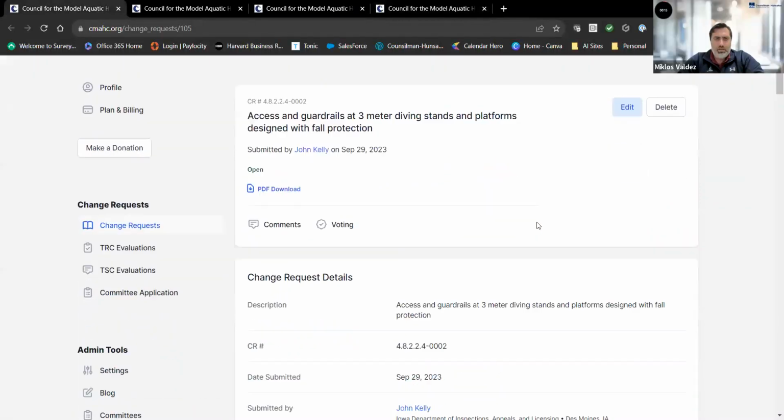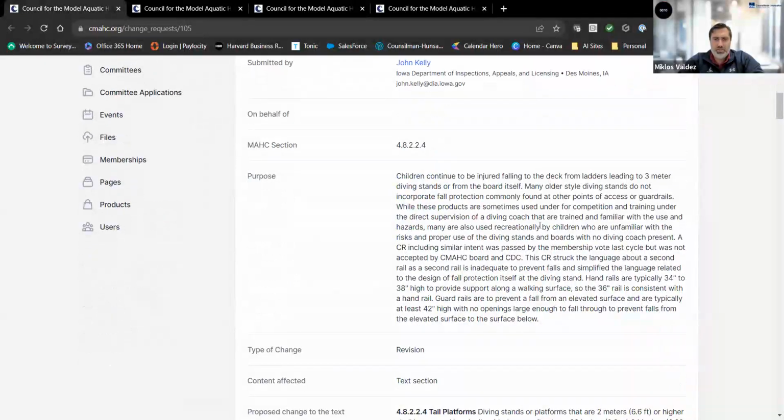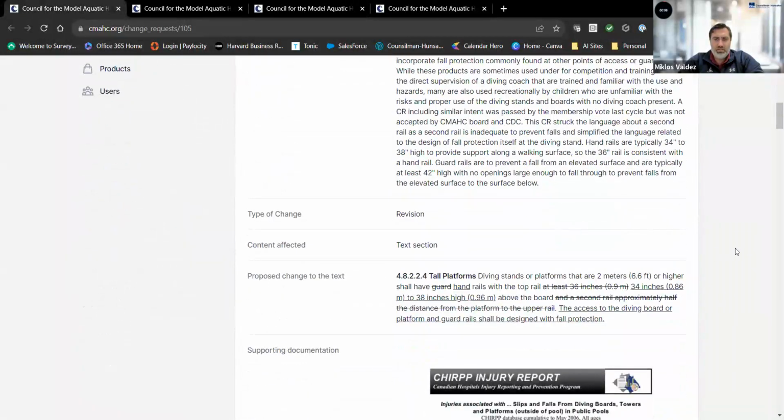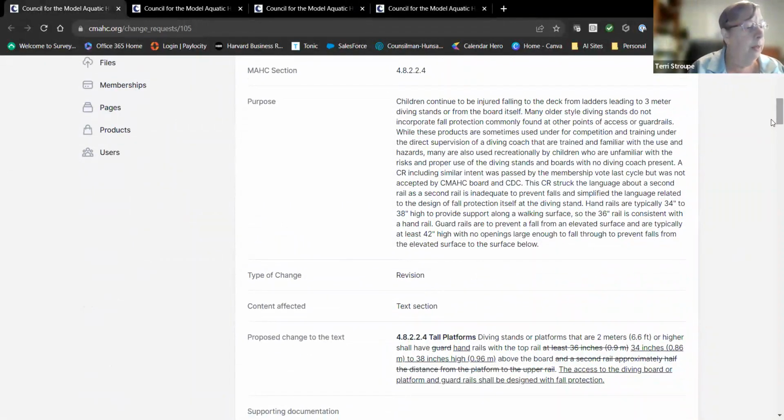Okay. This is a second one, same section, but a different one. Yes, it's different. This one did not have any public comments on it. They basically redid the language from the last version. It's similar to the last one. It had gone through the process last time.